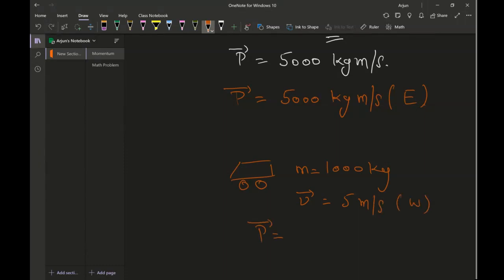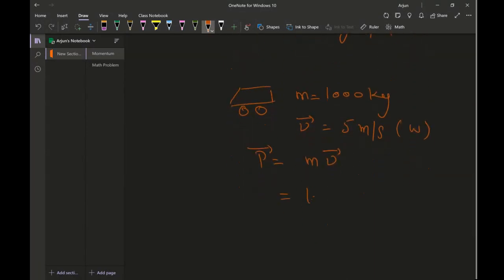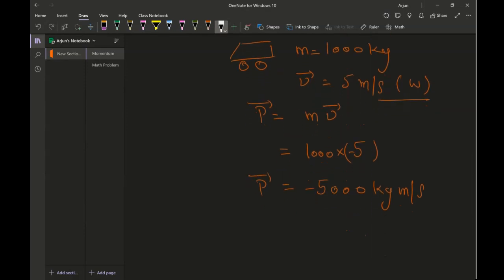So the momentum value will be equal to mass times velocity, which is 1000 times 5, and this is in the west direction, so I'll mark it as negative. So this will be equal to negative 5000 kg meters per second. Negative 5000, I can also write as momentum equal to 5000 kg meters per second in the west direction. So hopefully you're clear about what momentum is.